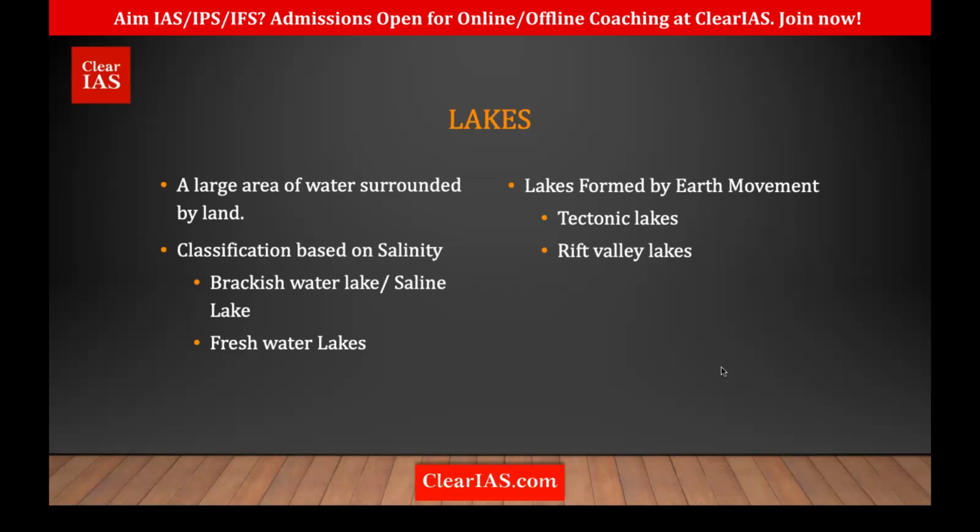Another type is the Rift Valley lakes. What are these Rift Valleys? In plate tectonics theory, we always speak about continents drifting apart. There are movements, so there will be convergence and divergence. When there is divergence between two plates, there is something called the Horst and graben topography. When two continental masses separate, one part of it sinks, and that sunken part is called the Rift Valley.